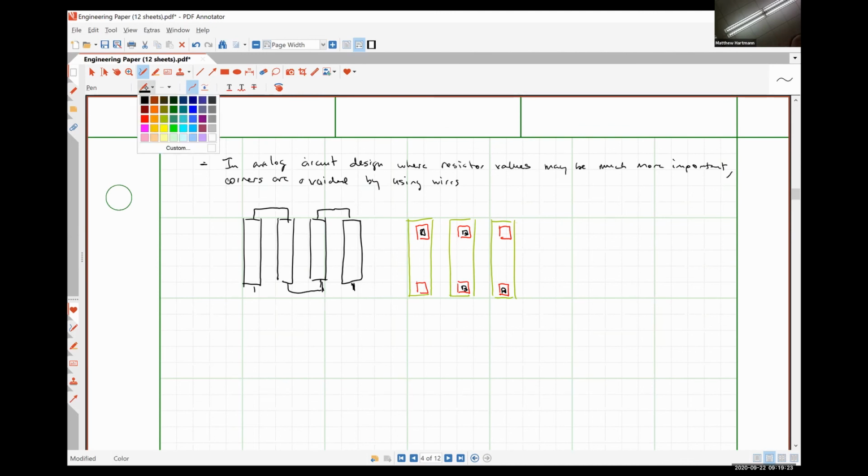And then on top, we would put metal 3. I'm trying to draw, orange is too close in color. Let me do purple for now.